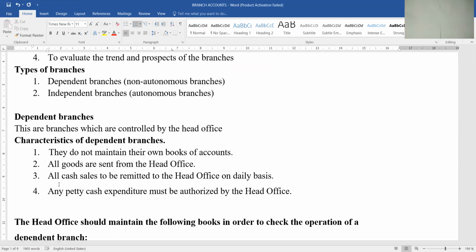So I was supposed to talk about independent branches. For the independent branches, that is where you will find that most of the questions will come from. Even if they can test dependent, that is an easy part of the topic because it's just understanding the debit and the credit aspect.